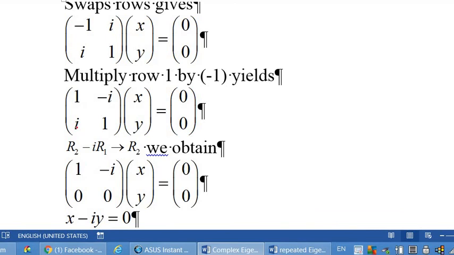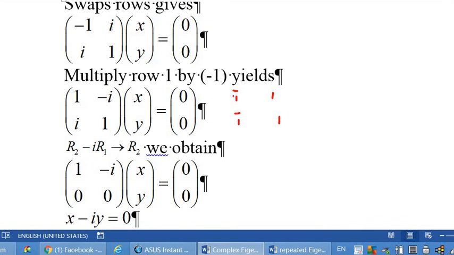So that means we have row 2 minus i times row 1. So first row you multiply by i, so negative i multiplied by i will be positive 1.